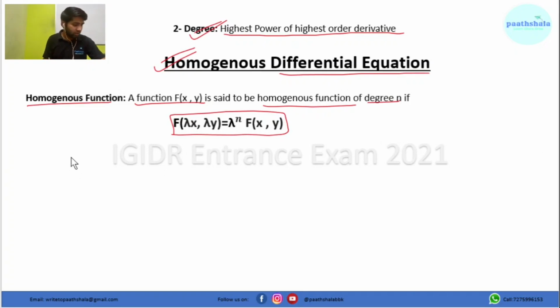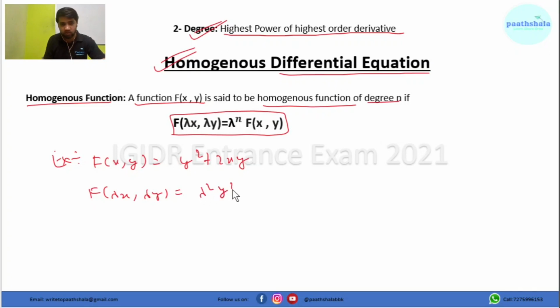Now let's understand it with an example so that you can understand. Let's say we have the function f(x,y) equals y square plus 2xy. Now I'm going to replace x by lambda x and y by lambda y. So I'm putting the values here. This will come out to be lambda square y square plus 2 into lambda x into lambda y.